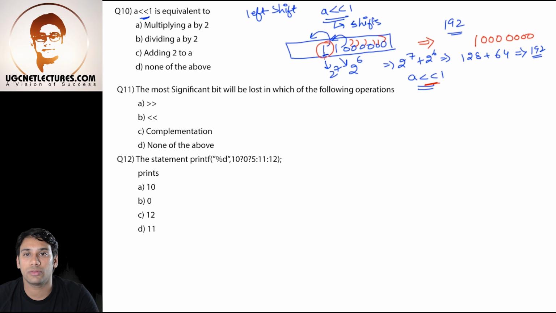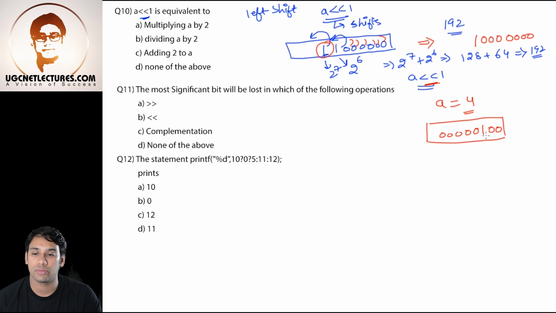Okay, now this is also used for multiplying any variable with a power of 2. How? Let us suppose a is equal to 4. How is this a stored in bit format? It will be stored something like 0010000.